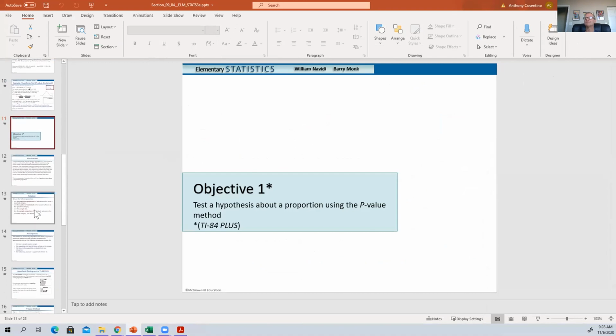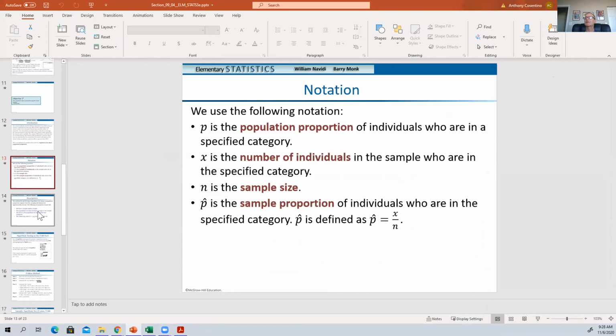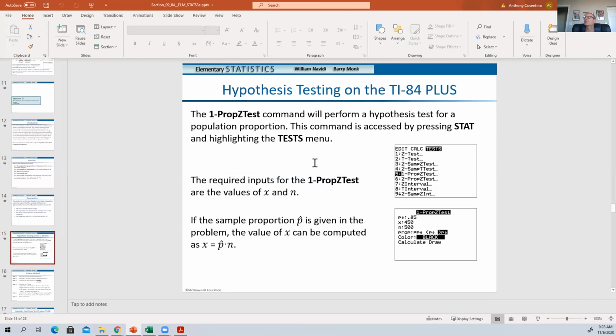is that, let's see here, find the right slide. Here we go. The TI-84 Plus has these tests for z-test, t-test. You're going to see we're going to do some sample testing. Many of you have already used the z-interval and the t-interval test.